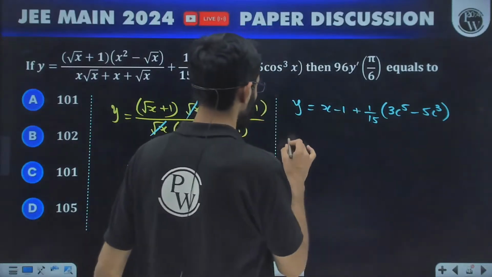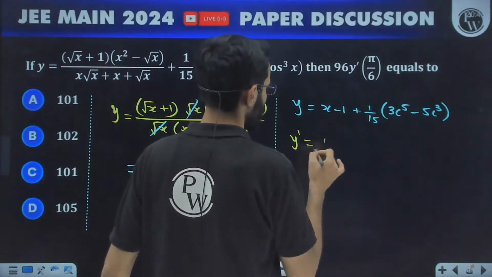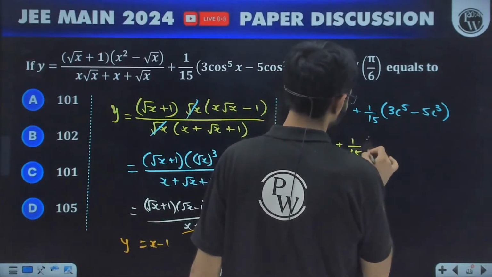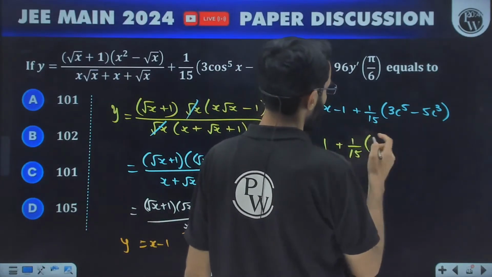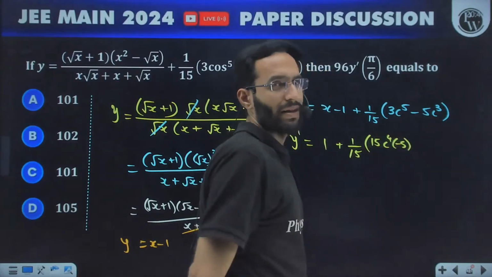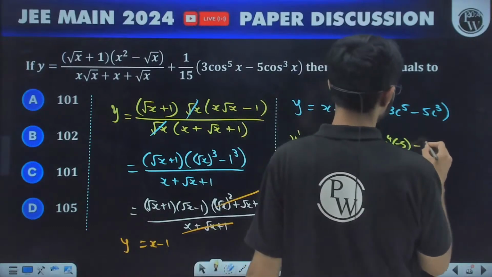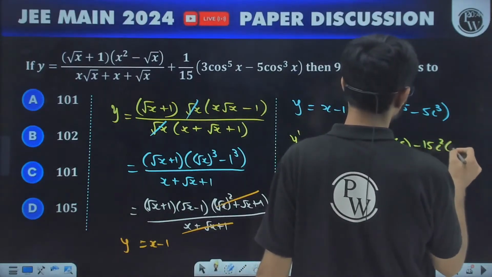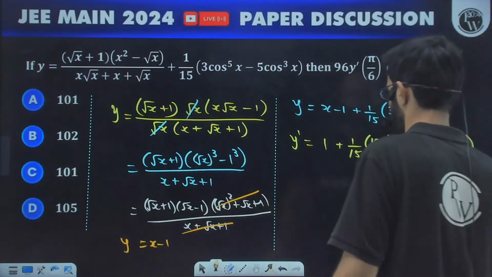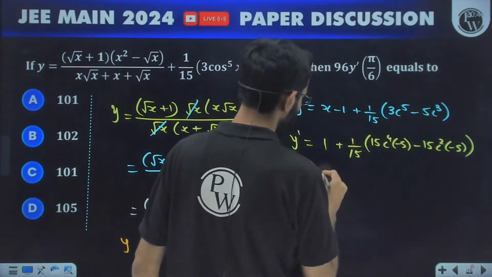So let me show you the next part. The next part is to find its differentiation. So y dash, differentiation of x will give you 1. Differentiation of 1 will give you 0. Then 1 by 15 times 3 cos to the power 5: 5 threes are 15, cos to the power 4. Differentiation of cos will give you a minus sign. Now again minus 5 threes are 15, cos square. Differentiation of cos will give you a minus sign, because at both the places you are having cos only. You can take 15 inside.